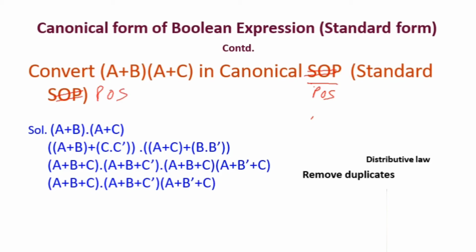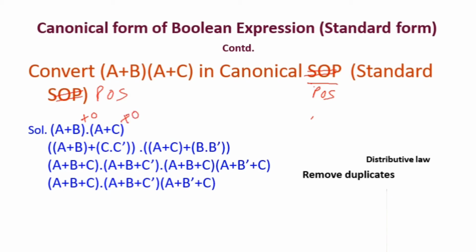So A plus B into A plus C. So I am using distributive law here. Or you can simply see that, not distributive law, I am adding a 0 here. A plus B plus 0. Similarly A plus C plus 0.